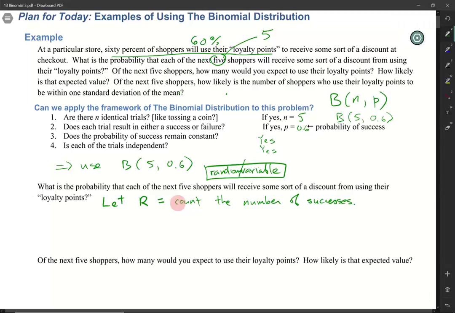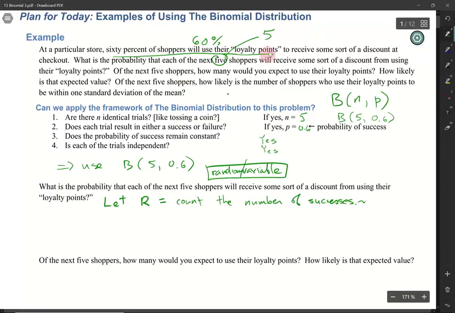When I count the number of successes, in this case the number of successes is will use loyalty points.